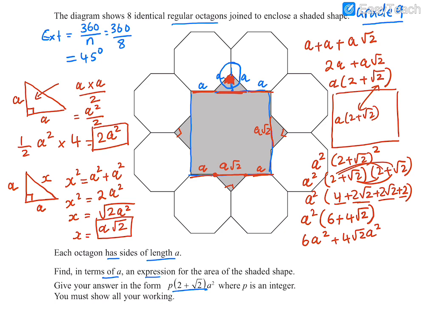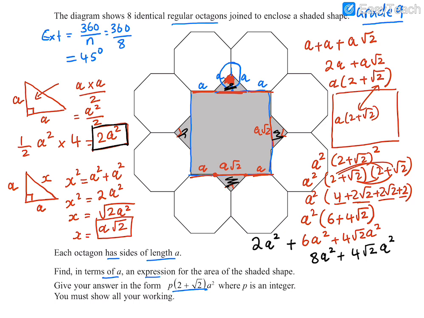But don't forget, we have to add on the area of those 4 triangles to this area here. So I'm going to add, just on this side here, 2A squared. If I simplify that, we have 8A squared plus 4 root 2 A squared.